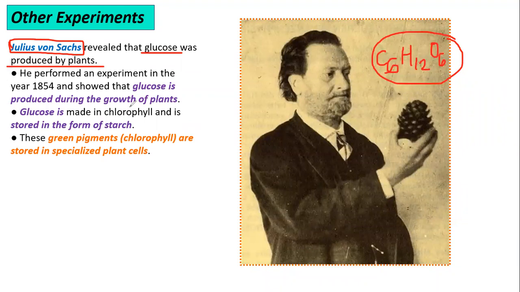He performed an experiment in 1854 and showed that glucose is produced during the growth of the plant. Glucose is stored in the form of starch, and the green pigments called chlorophyll are stored in specialized compartments inside the plant cell. He proposed so many things. He proposed hydroponic techniques in mineral nutrition, which we have studied.